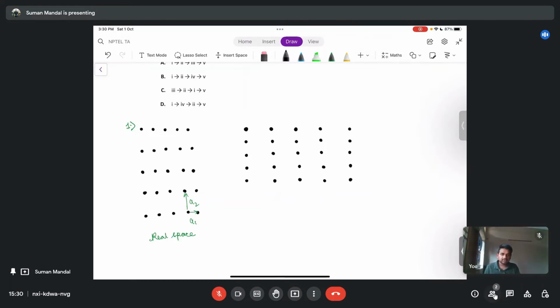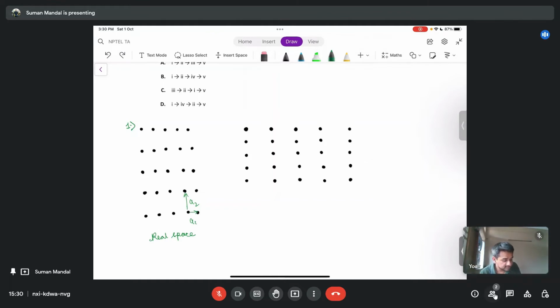Since it's the reciprocal, the lengths are the reciprocals of the real space. So in this one, along the A1 axis, the width was smaller than in the A2 axis, but here it's reciprocal, so it has flipped.